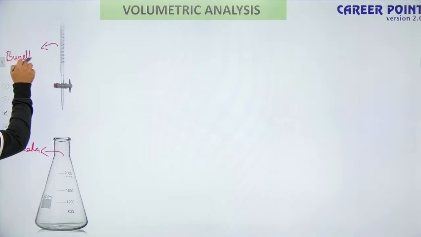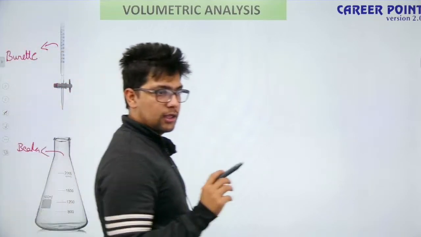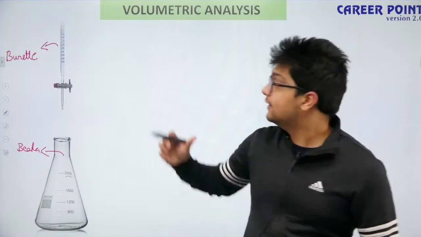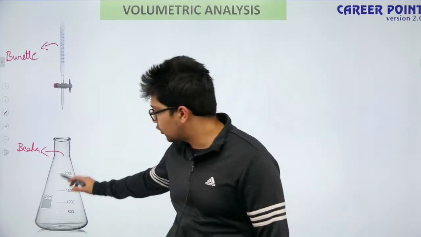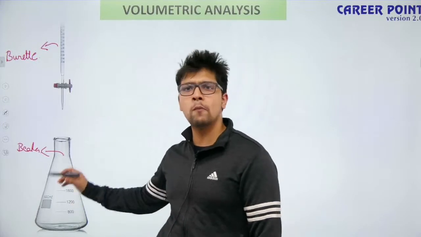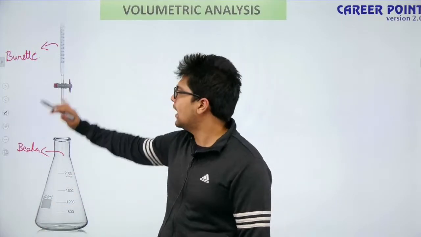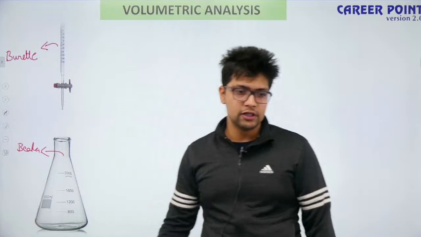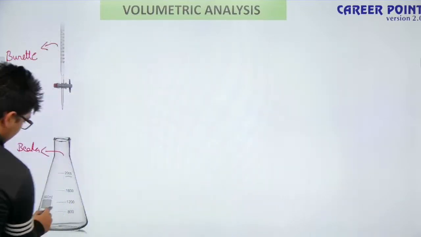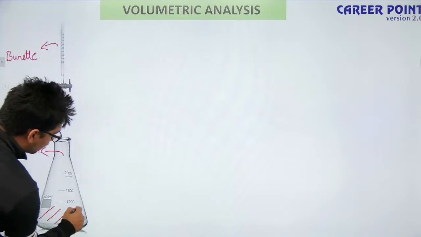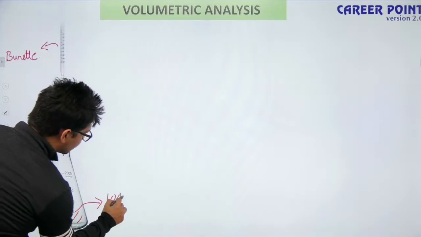This instrument is very important. I don't know if you are able to see, there is a reading on both of them, for calculating the volume of any component present in the beaker, and for the burette. In the beaker, what we generally take is an acid. Let's say I took 100 ml HCl in this.